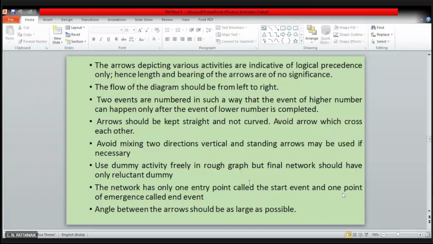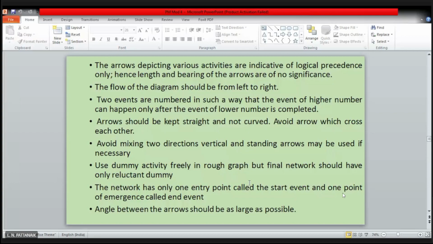It can be a very short one, but it takes a very long time. So when you are actually constructing the network, sometimes to make it a proper network diagram, you may have to use a very long arrow, sometimes a very short arrow, just to follow these rules.